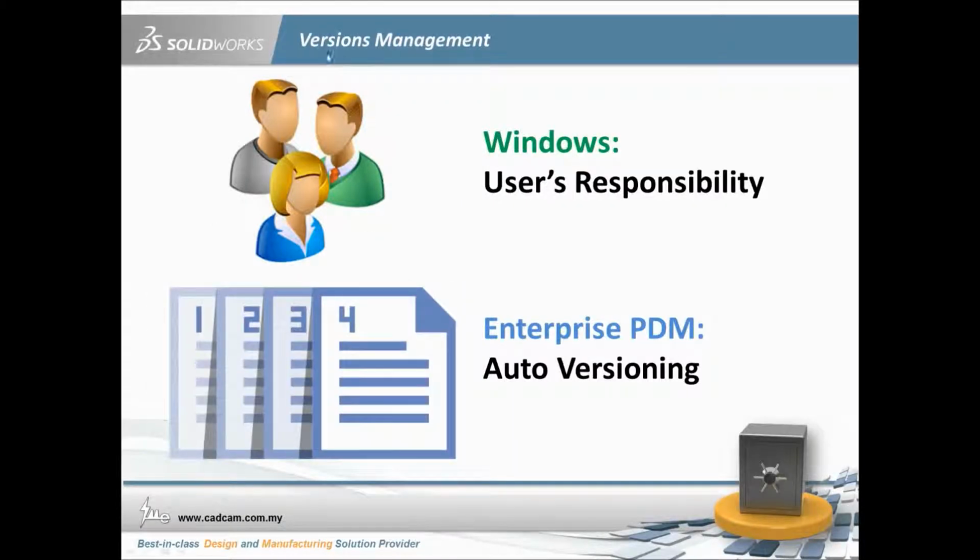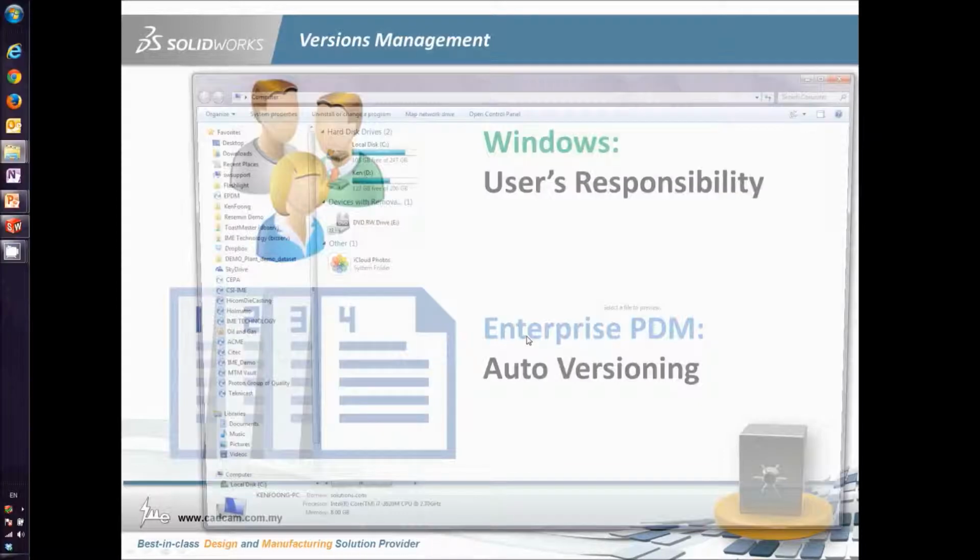Let's talk about versioning and file management. Using Windows, we normally need to save the file as another copy, and it is based on how the user works. But for EPDM, it will help you to do the auto versioning.